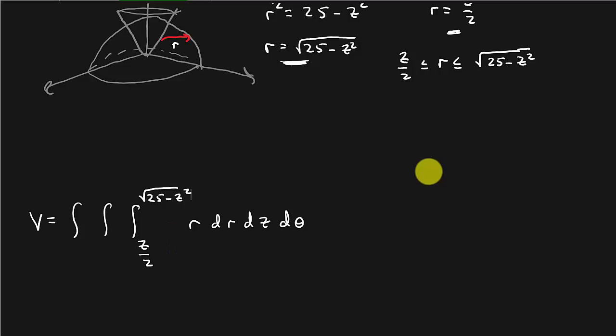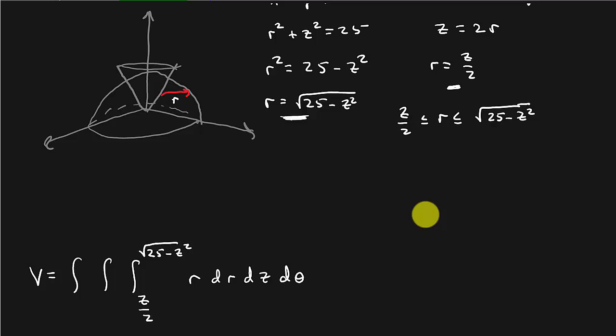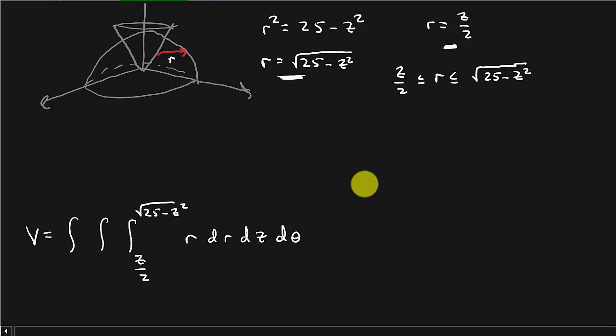Now we need to know the bounds for z. We know that z is going to go from 0, because we're going from the xy plane up to this point right here. It's going from 0 to some value up here.